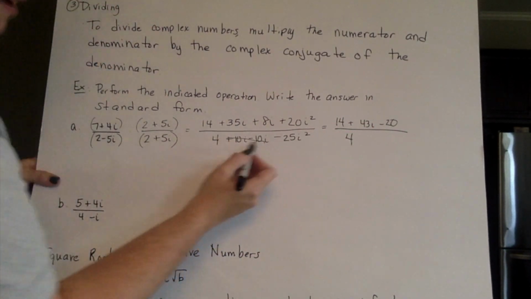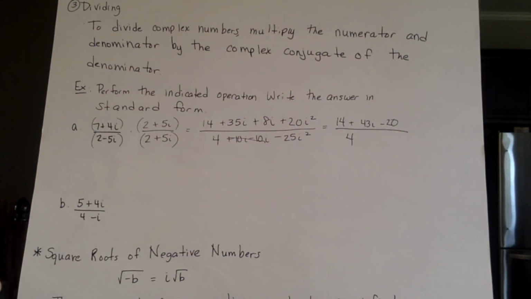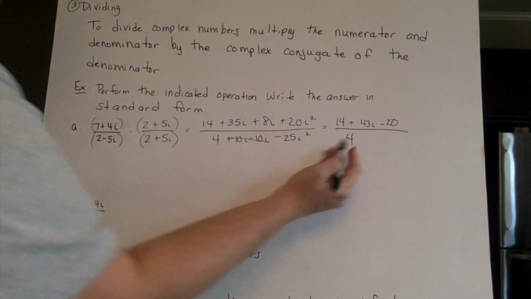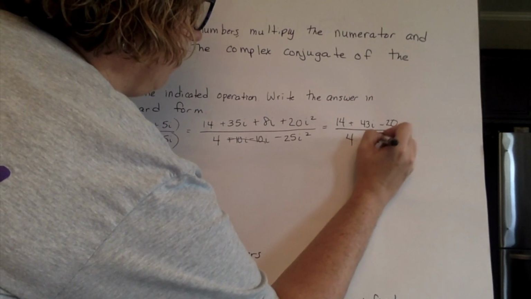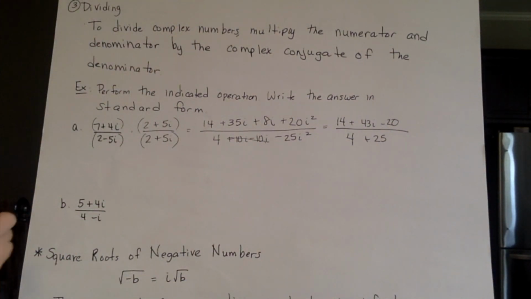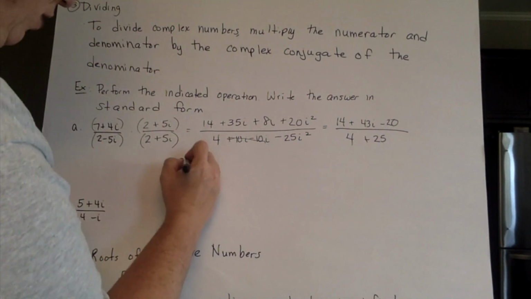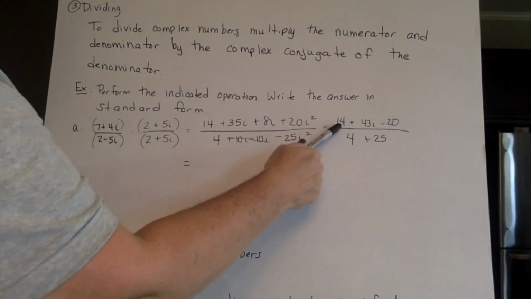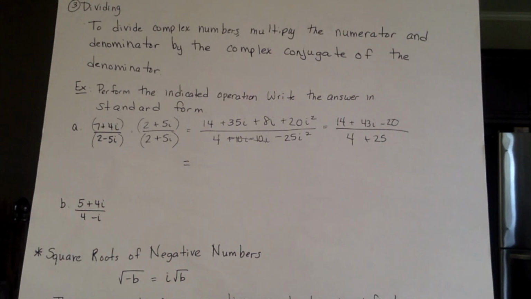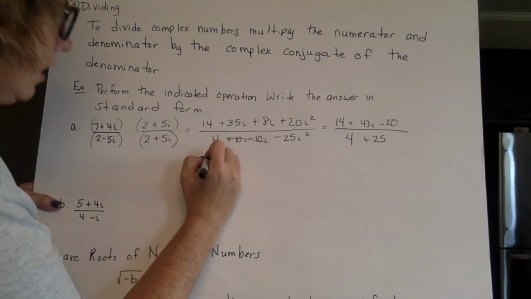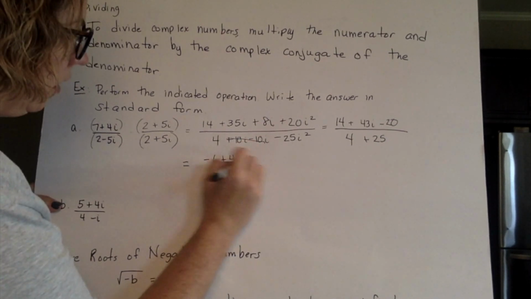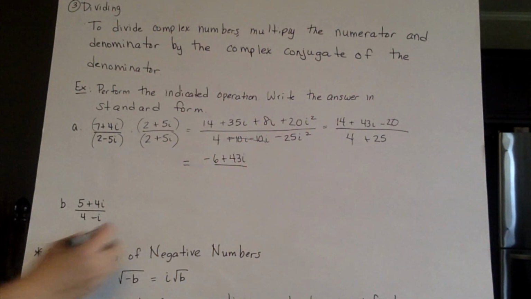The plus 10i minus 10i cancel. And we have negative 25 times negative 1, which is positive 25. So now I just combine the like terms on top. 14 minus 20 is negative 6 plus 43i. The denominator, 4 plus 25 is 29.